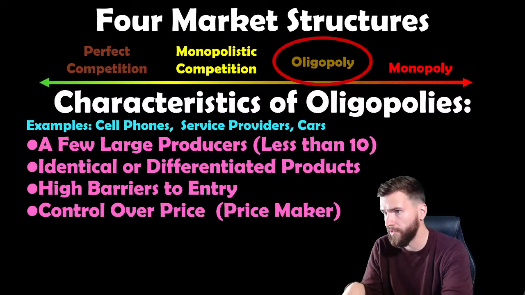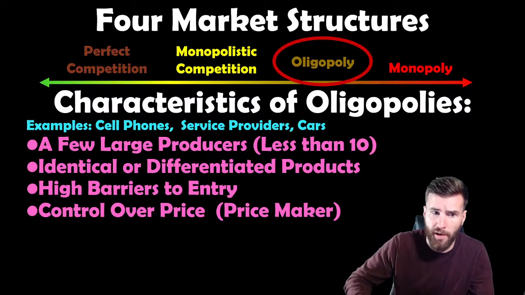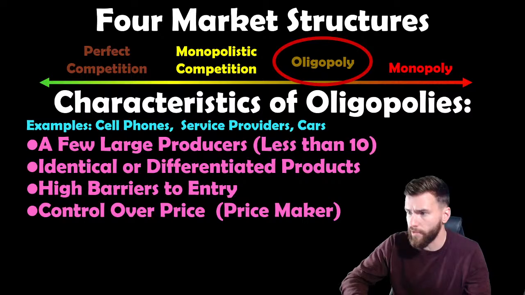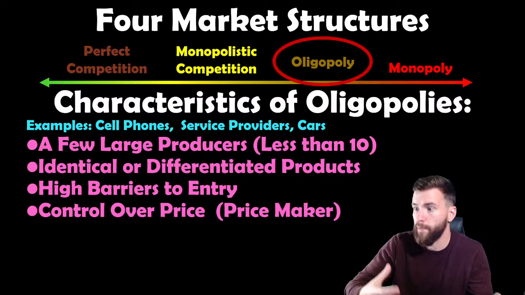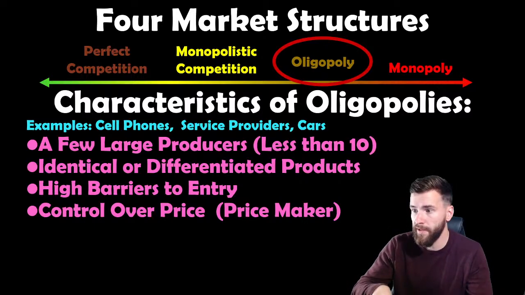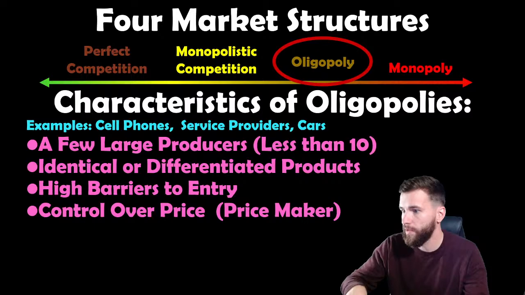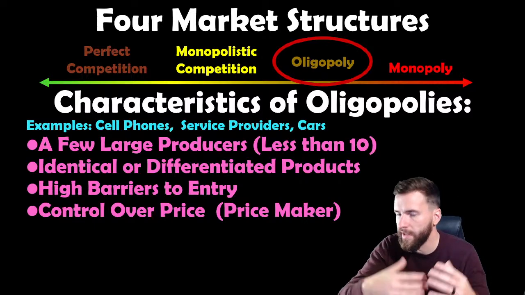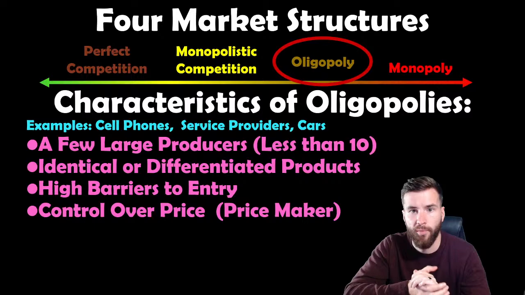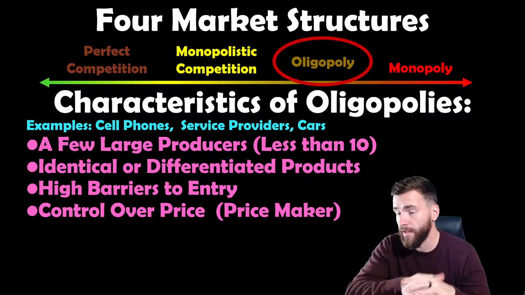Adam Smith once said that what's best for the market is everyone acting in their own self-interest, every business doing what's best for them, right? In an oligopoly, however, what's best for them is actually what's best for the group, right? Which is pretty crazy. It's called Nash equilibrium. It's called game theory, and we're going to learn it in class. But oligopolies generally collude. They generally work together, right?